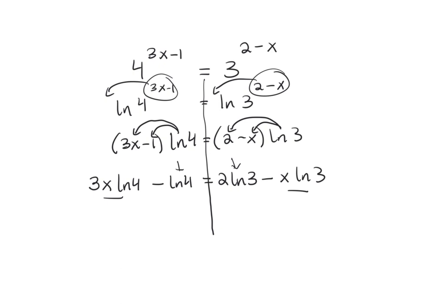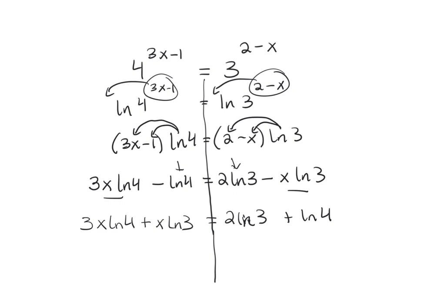So I'm going to add x ln 3 to the left and I'm going to add ln 4 to the right. So 3x ln 4 plus x ln 3 equals 2 ln 3 plus ln 4.